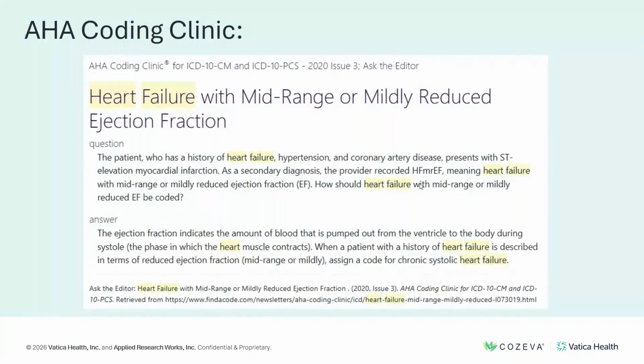And I would say that it's also very much a provider's clinical decision making. Just thinking through clinically, if you have an improved ejection fraction, you're probably not acute.